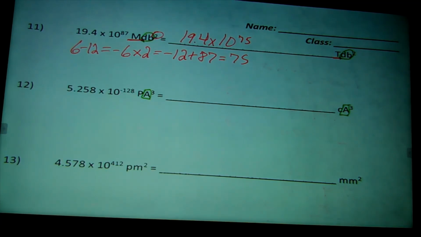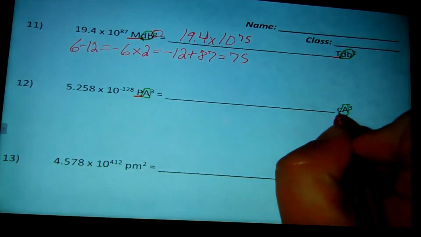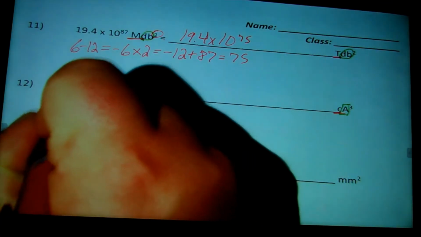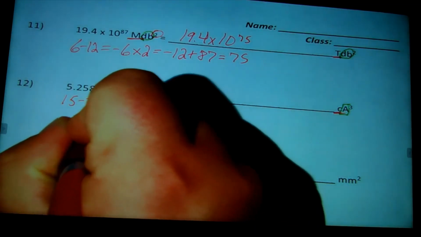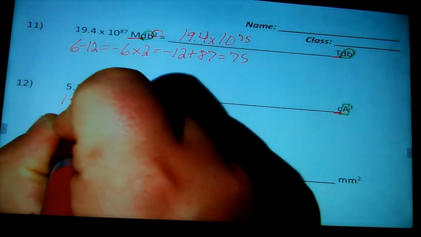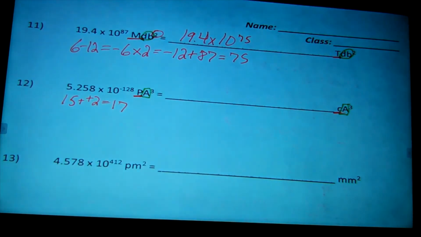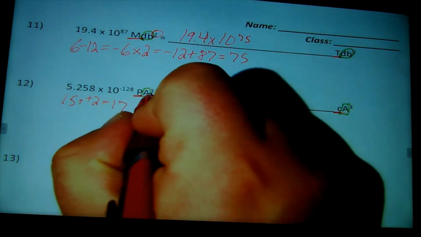Okay, so in this we have to find the difference between peta and centi. Peta is 15, minus centi, which you've seen before, is negative 2. So 15 minus negative 2, same as 15 plus positive 2, gives me 17. We will multiply by 3.